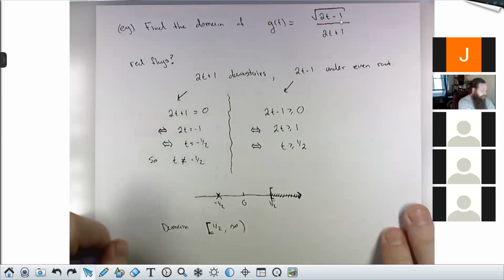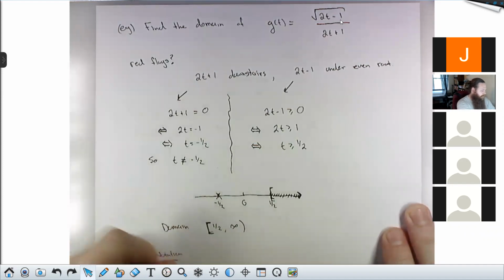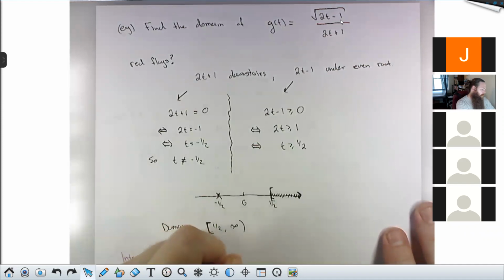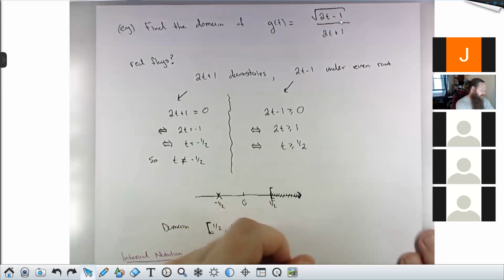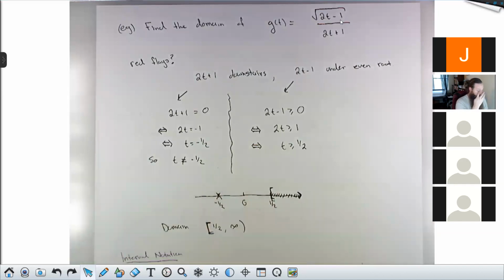If we want to revisit interval notation, the open interval from A to B, this is all numbers x satisfying A is strictly less than x is strictly less than B.